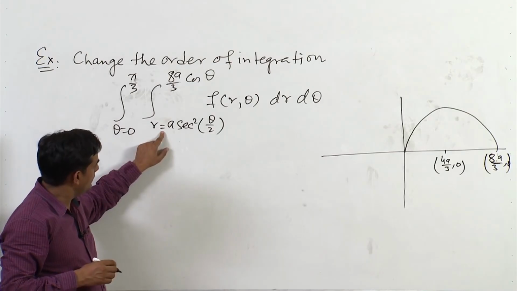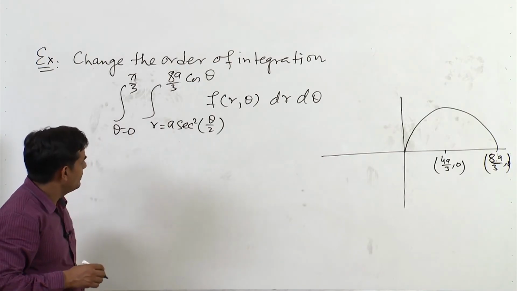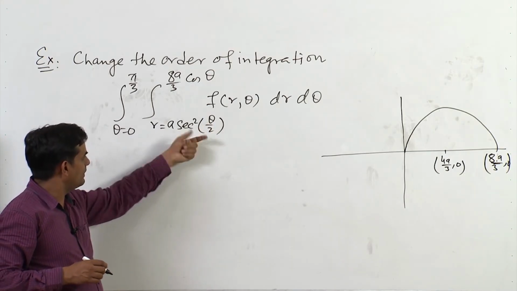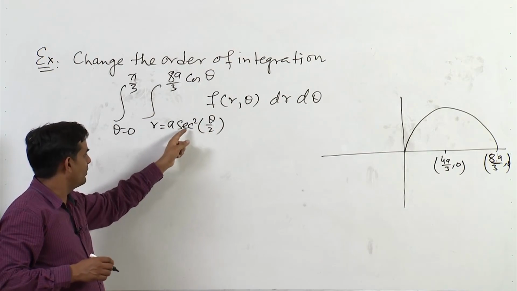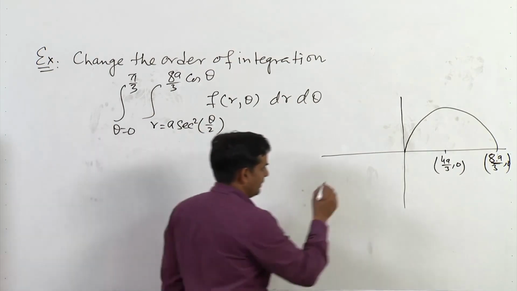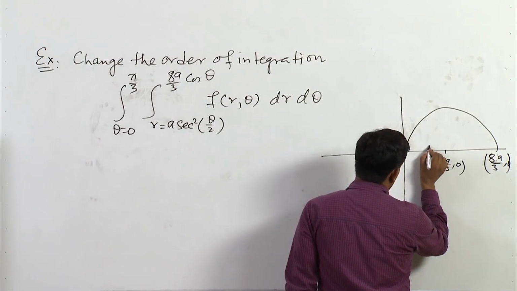Now, the other curve is r equals a sec square theta by 2. So, when theta is 0, sec 0 is 1, so r equals a. So, this curve will start from r equals a.